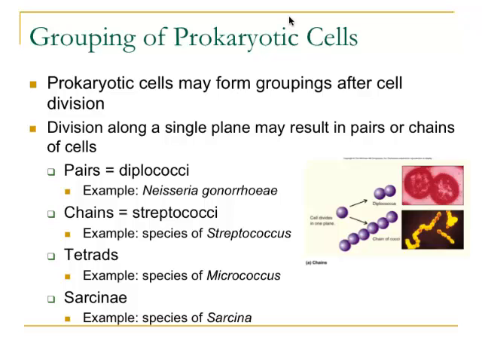Sometimes the cell will divide, form two cells, and break apart, and under the microscope you will see single cells. Other times they will stay in pairs, and then when each of these cells divide, it will break apart. So you'll have a mix maybe of pairs and single cells when you look at it under the microscope.